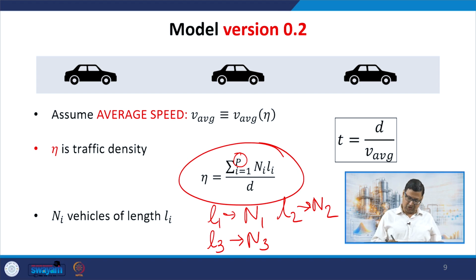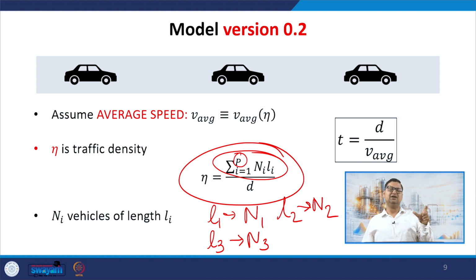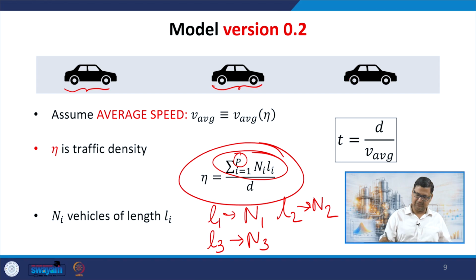Right? So the numerator here represents the total distance on the road that is covered by the vehicles, or the total part of the road that is covered by the vehicles. In this case, it is this distance plus this distance plus this distance, right.